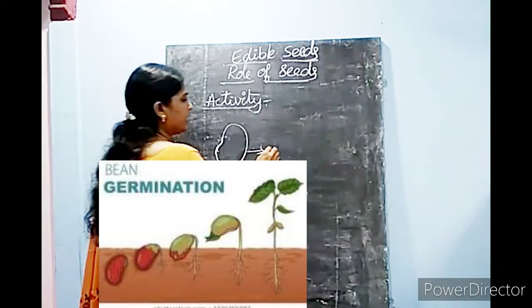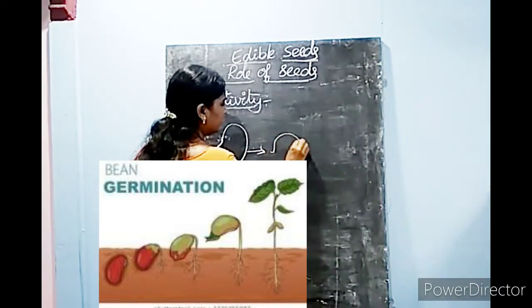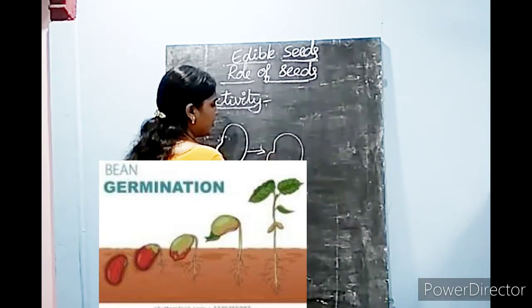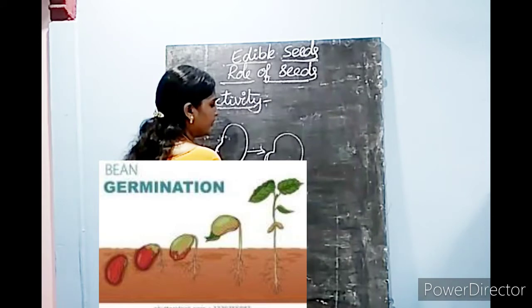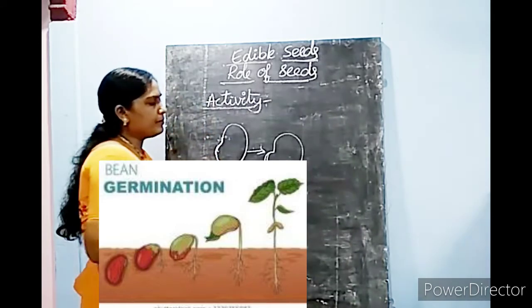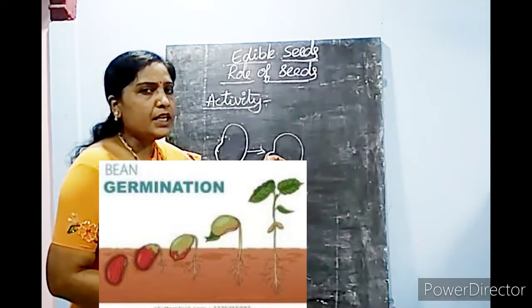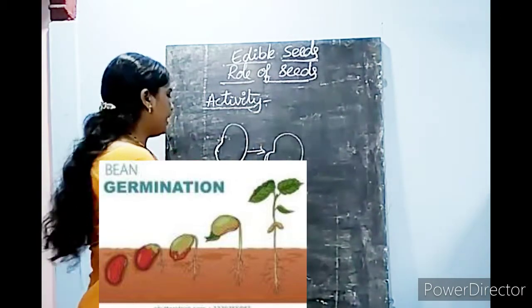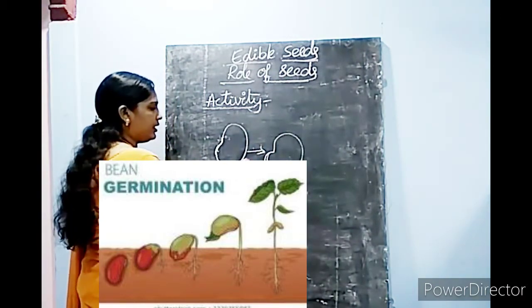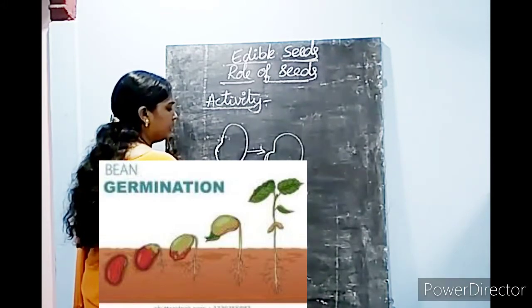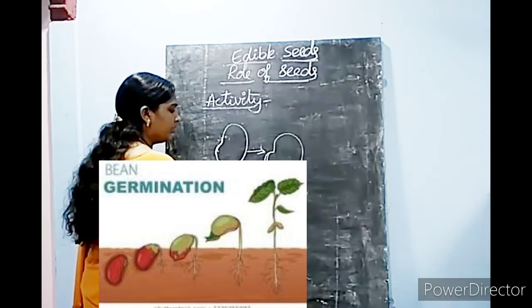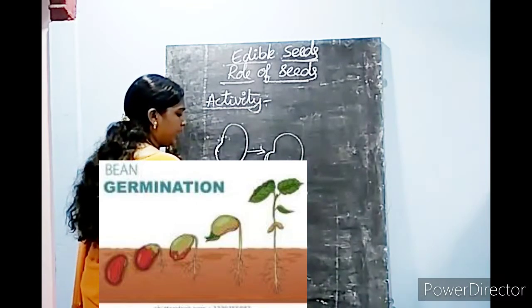And then in the second stage, you can see the roots develop. First roots come out from the seed. When you supply all this, just now we discussed, right? It needs water, it needs soil, and it also needs air.